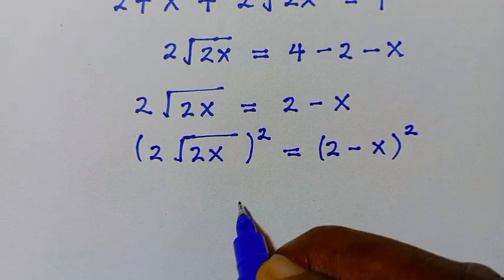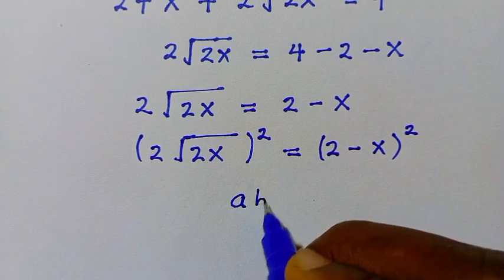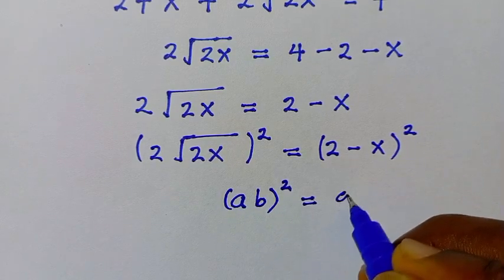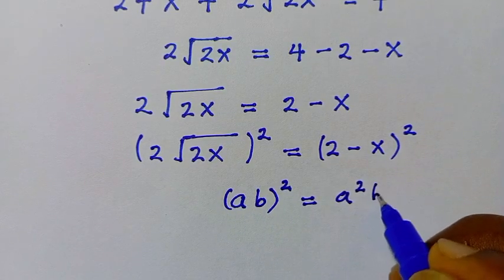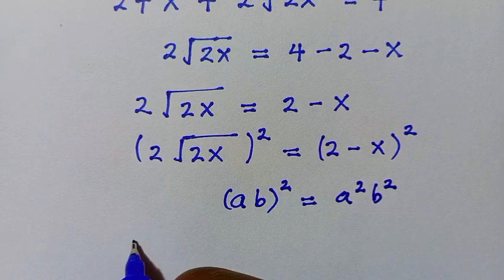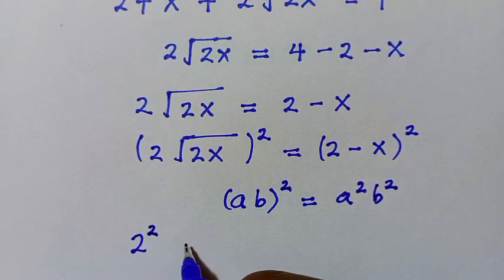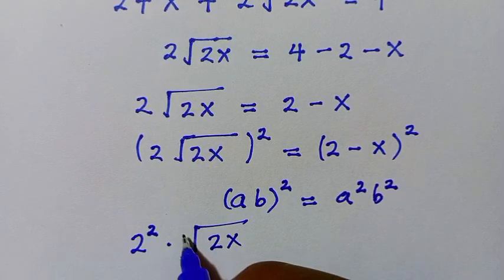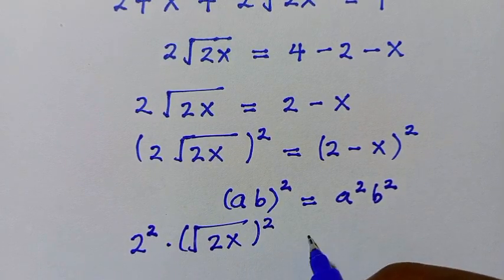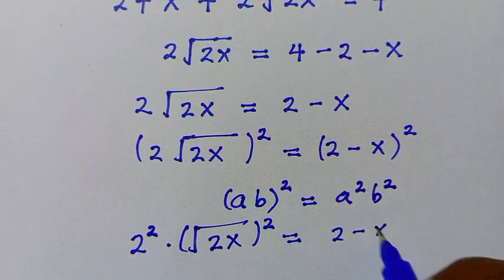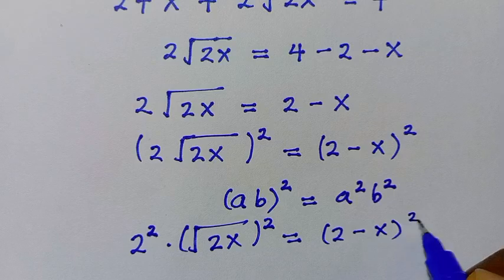So let's say we have (ab) raised to power 2, it equals a squared b squared. So here we have 2 squared multiplied by (square root of 2x) raised to power 2 equals (2 minus x) raised to power of 2.